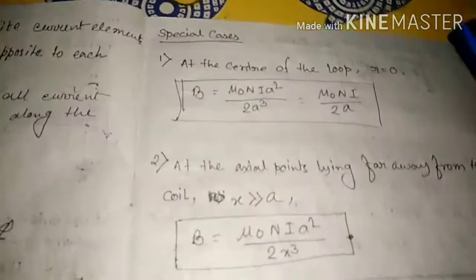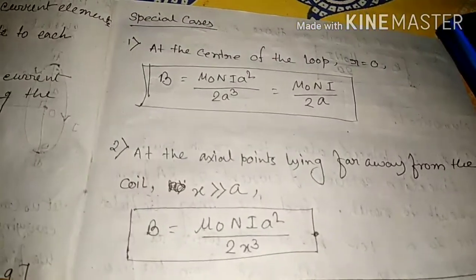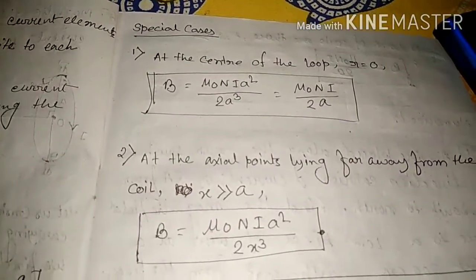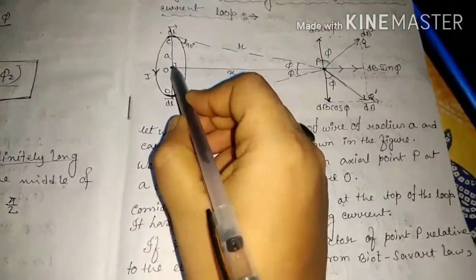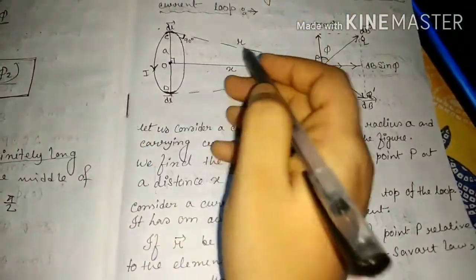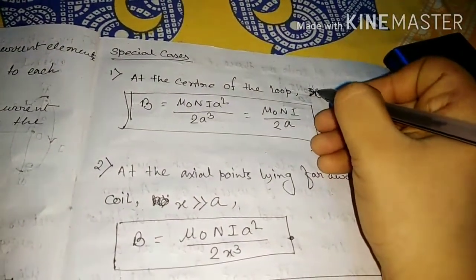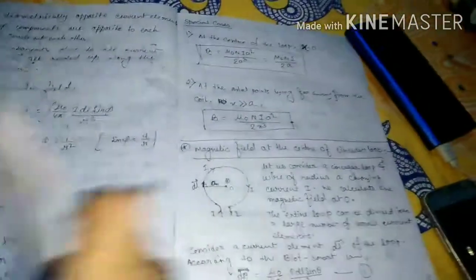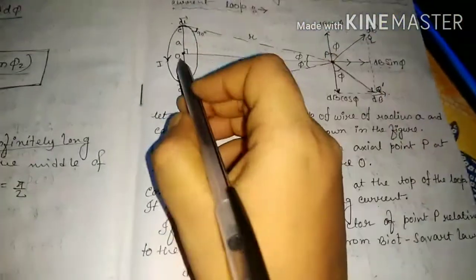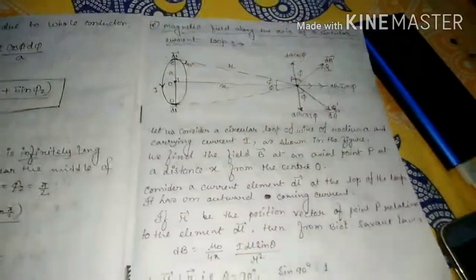Now here also we have special cases. At the center of the loop, that means X equals 0. Sorry, not R equals 0, that will be X. X equals 0, because if the point lies here, then X equals 0.